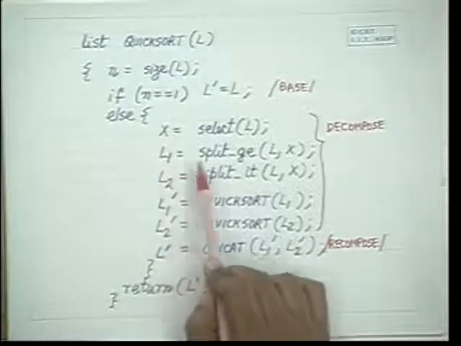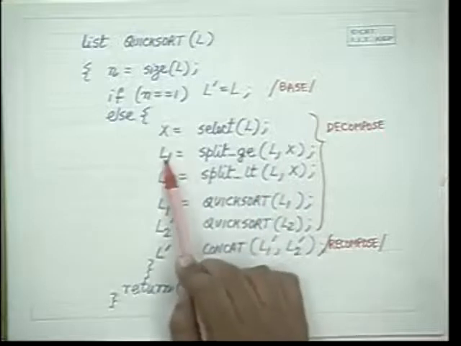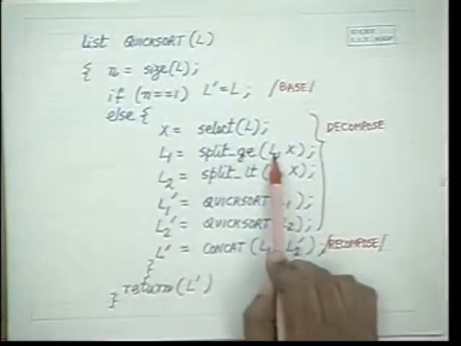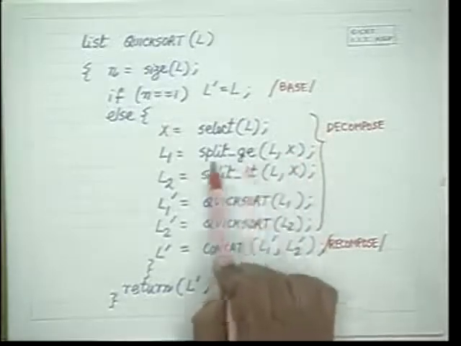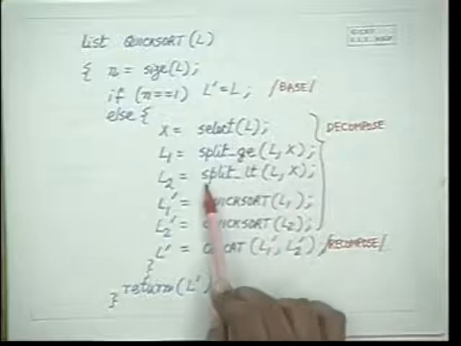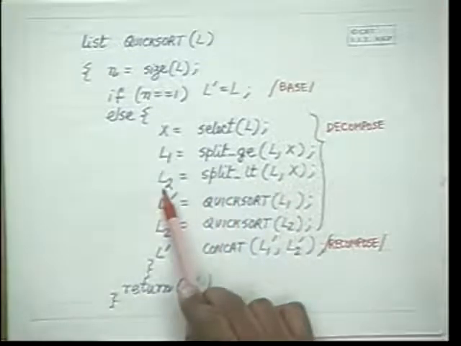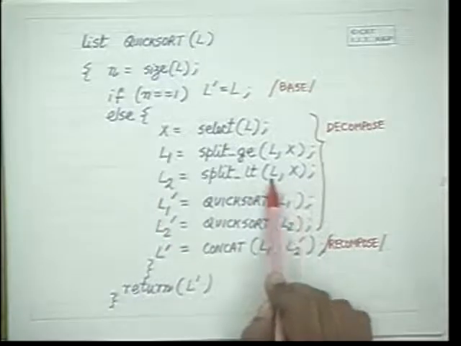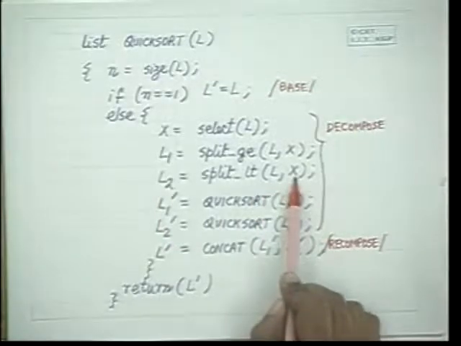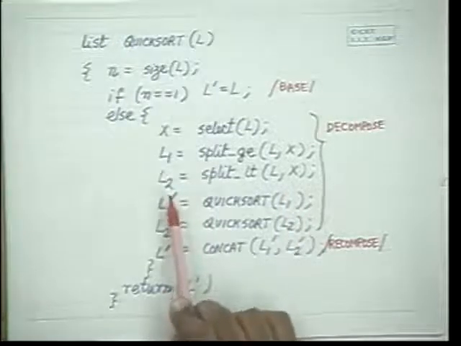One is L1, which puts into L1 all elements from L which are greater than or equal to X. This is what split GE does. Split LT does what? Taking the list L and the element X, it returns a list L2 of all elements which are less than X.